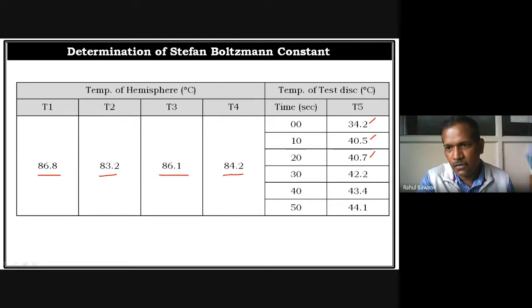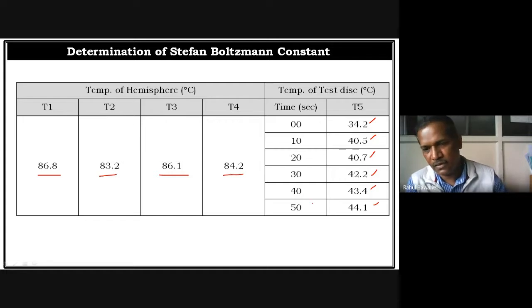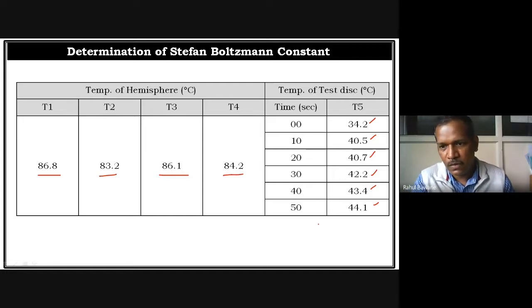Next 10 seconds 40.7. Next 10 seconds 42.2. After 40 seconds it is 43.4, and after 50 seconds 44.1. So I get a number of readings for T5. Use this table, calculate your Stefan Boltzmann constant, and that will be the end of our experiment.